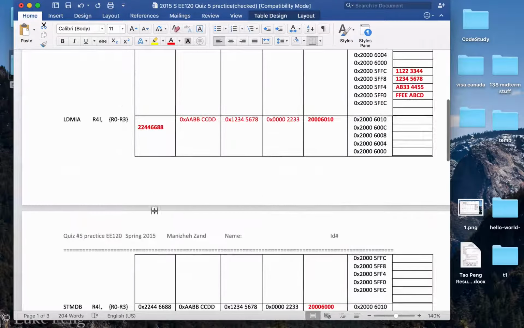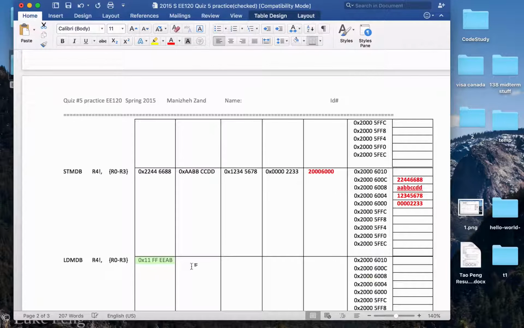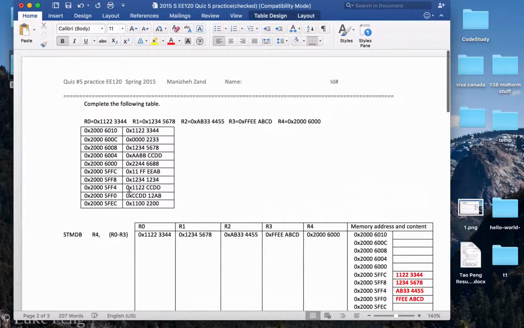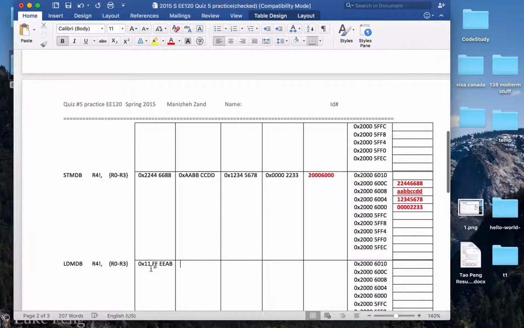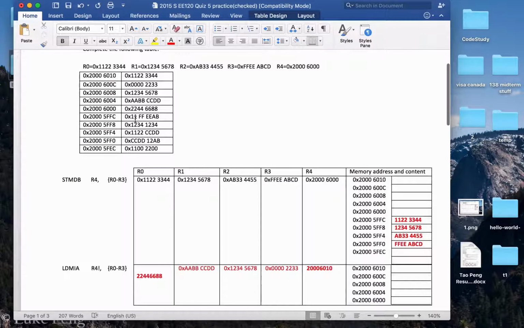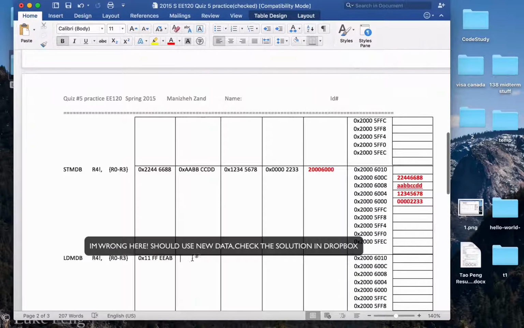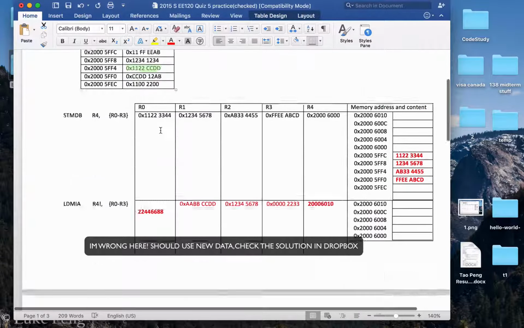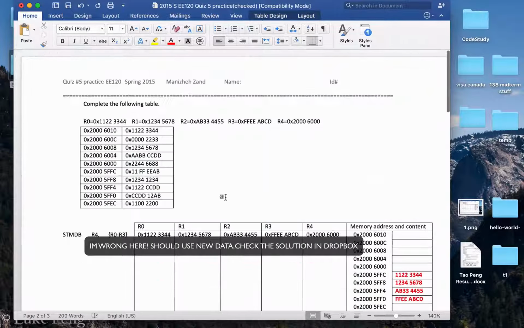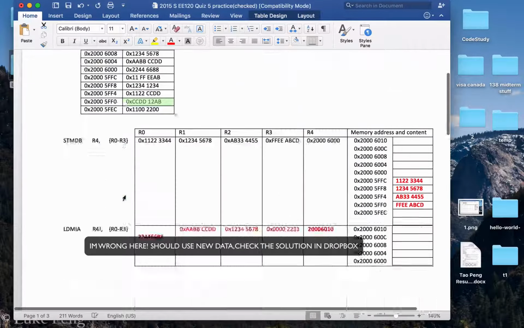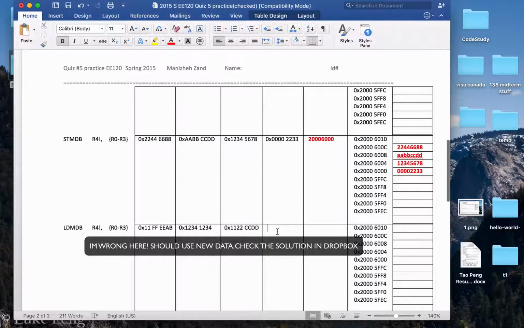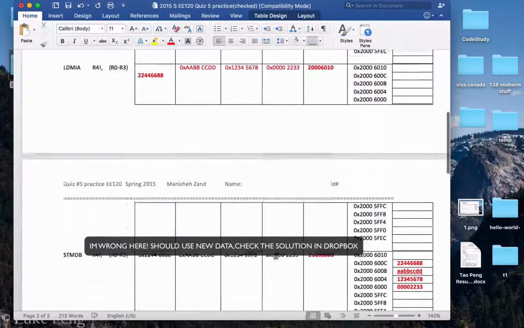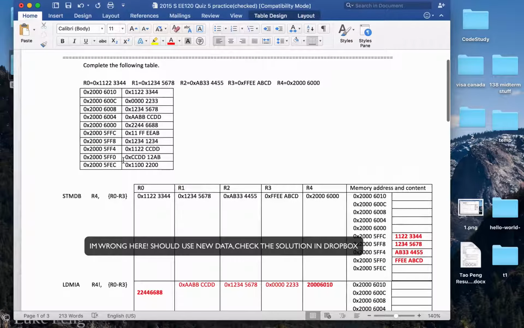So just make a copy here. Same thing here. FFEAB here. This is 3 of them, right? AB. So after that, my pointer will stop here.